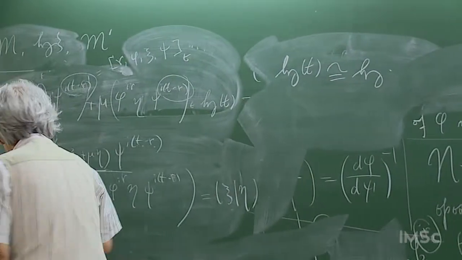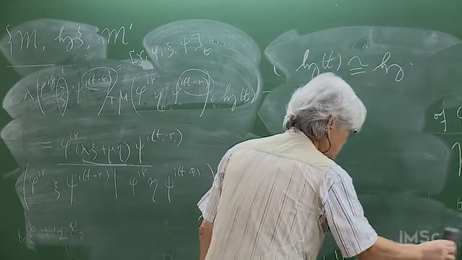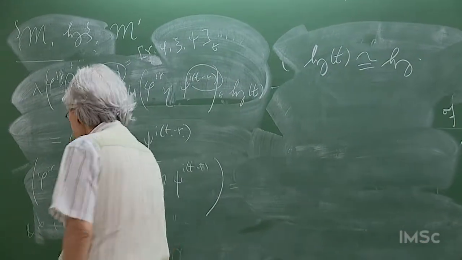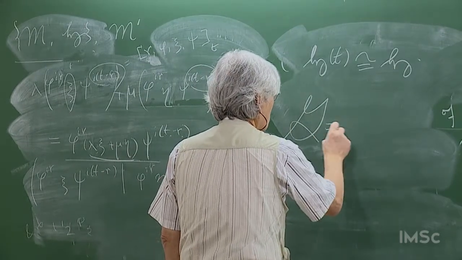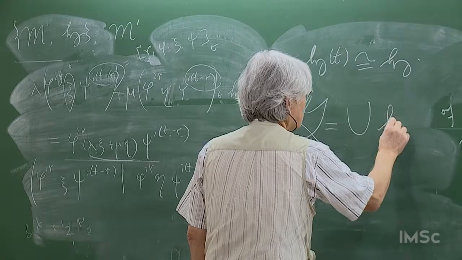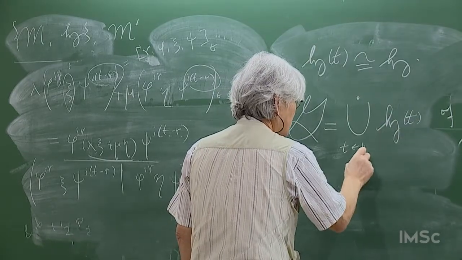Now we have the disjoint union once again. Disjoint union of H over t, disjoint over the whole real line.